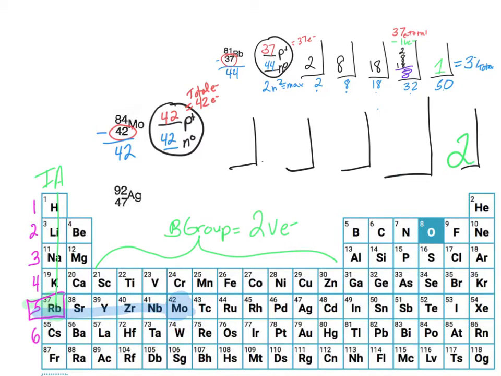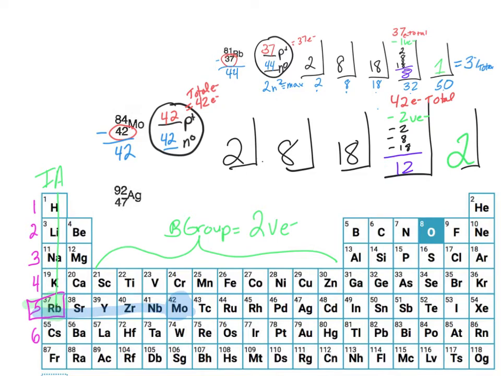The lower shells get 2, 8, and 18 electrons. And finally, we're going to look at the 4th shell and calculate how many it should have. We have a total of 42 electrons. Subtract out the 2 for the valence electrons, then all the ones in the lower shells, 2 and 8 and 18. That's a total of 42 minus 30. That leaves us with 12 electrons in the 4th shell.